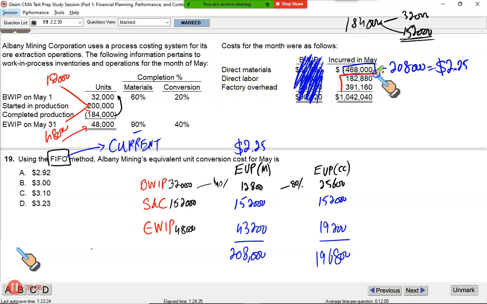So if you add these two and divide by the units of conversion cost, which is 196,800: 182,880 plus 391,160 divided by 196,800 gives 2.916, approximately 2.92, which is right here, A. So this is how, in the second step, you calculate the rate.